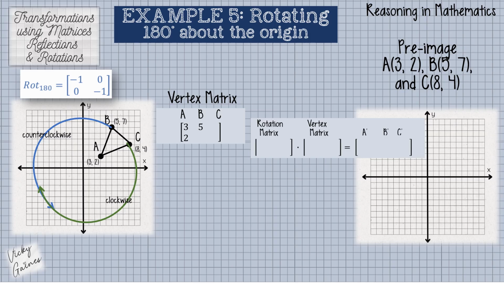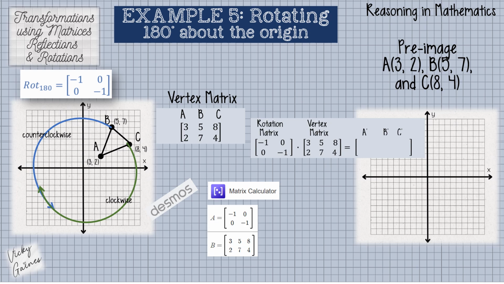A is at 3, 2, B is at 5, 7, C is at 8, 4. There's our rotation matrix and our vertex matrix. Putting it in the Desmos matrix calculator, our rotation matrix is negative 1, 0, 0, negative 1, and our vertex matrix has the coordinates for each of the points A, B, and C in it, and we're going to multiply those two together to get our image.